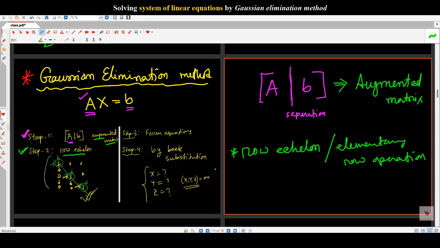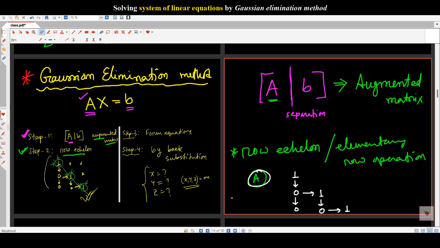So what is elementary row operation, or what is row echelon? It is actually easy. You have A matrix. Now from the A matrix, by matrix algebra or some operations, you have to convert A matrix to this form: 1 0 0, 1 0, then 1.